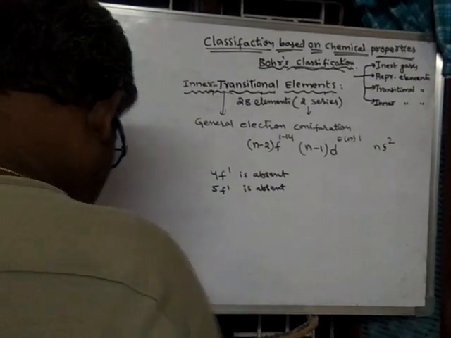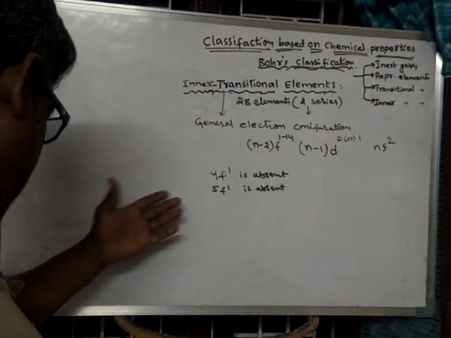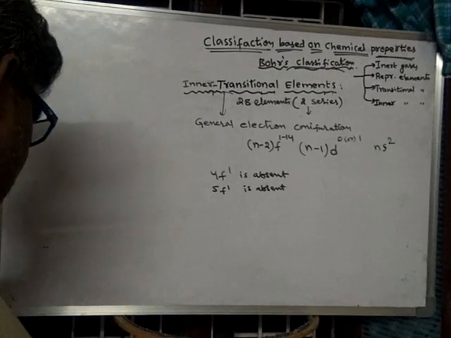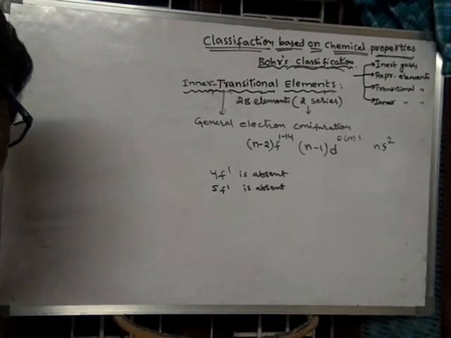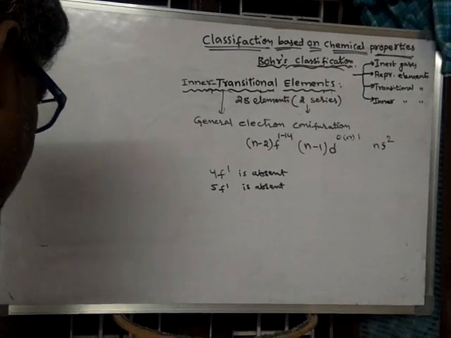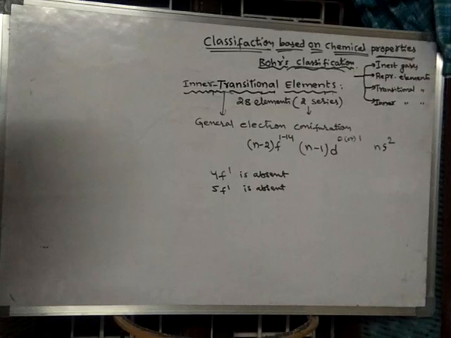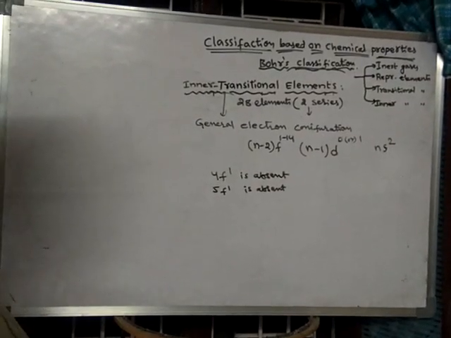Already we have learned that these are lanthanides and actinides. Lanthanides are said to be rare earths, and actinides are mostly synthetic elements, and the elements which come after uranium are called trans-uranium elements or transuranic elements. Okay, right. So this is all about inner transition elements.